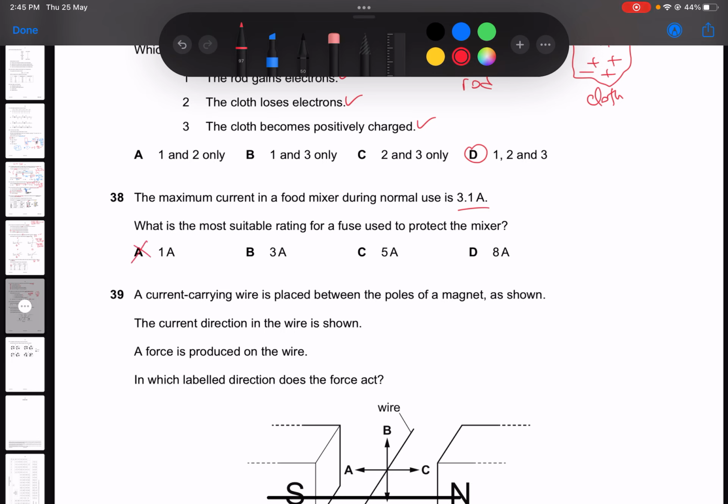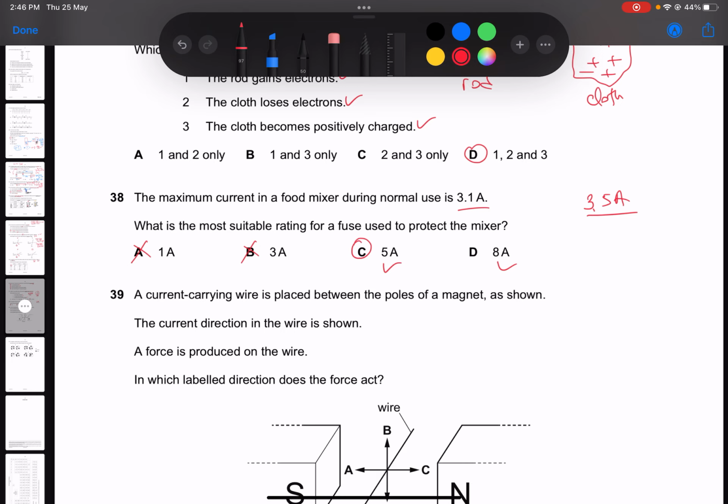It's smaller than 3.1, so it's going to blow very fast. Your mixer needs 3.1 ampere at least. If the rating is less than that, the fuse will blow and it will not allow any current to pass, so it won't work. So it should be bigger than 3.1, so either 5 or 8. You have to choose the very close one. If you had a 3.5 ampere fuse, it would be awesome to use.